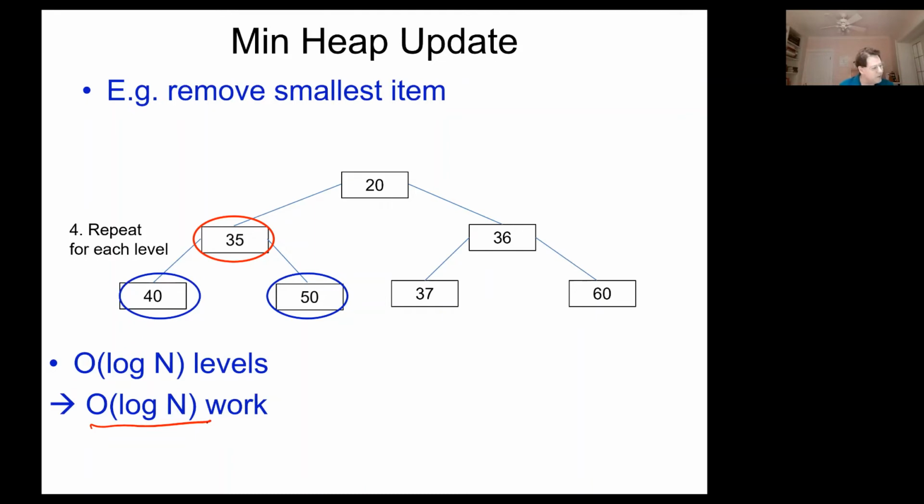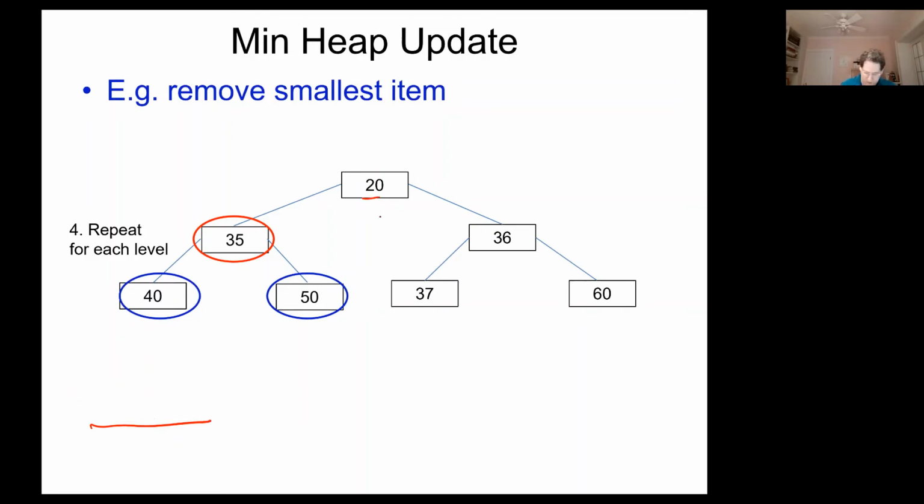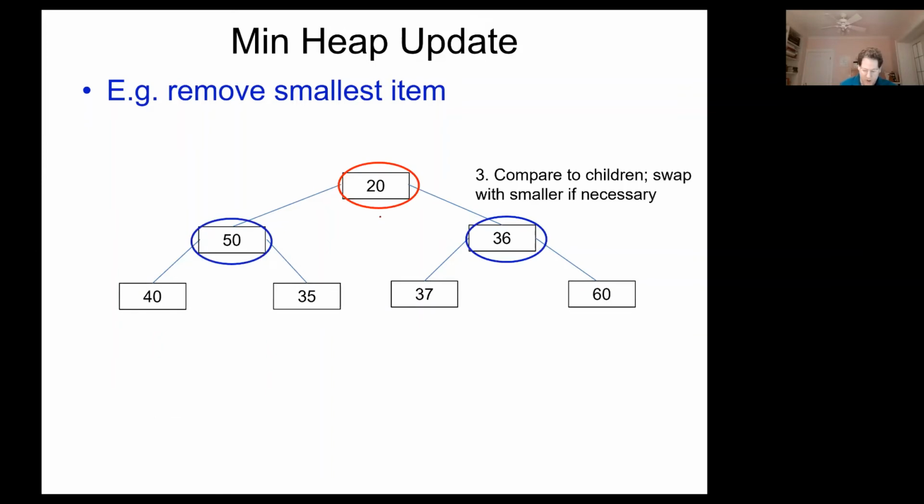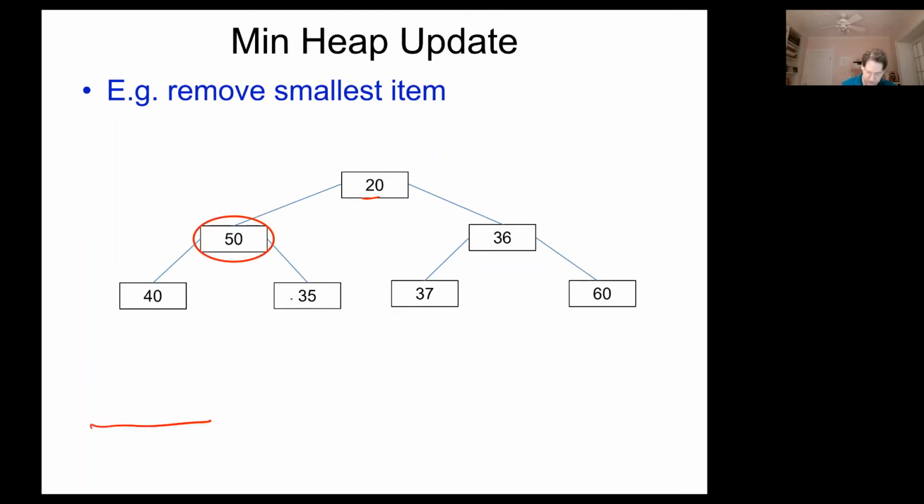And yeah, so Dan, you're asking, isn't this order n worst case? It's order log n worst case, because if you go back and watch what I just did, I only compare to my children. I do one comparison to these children, and then another comparison to these children over here.